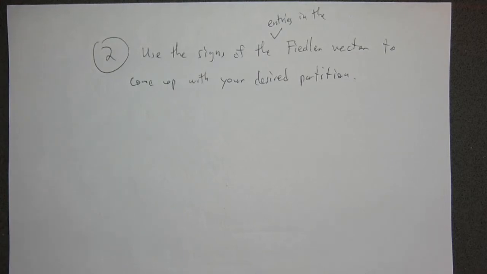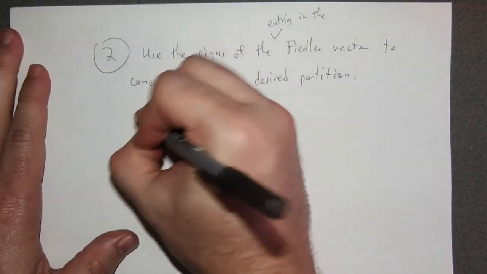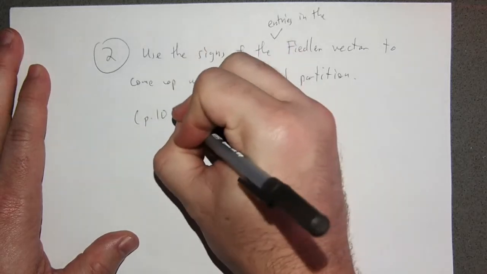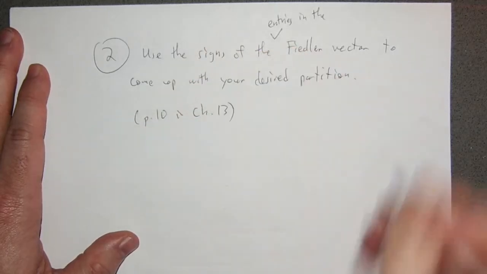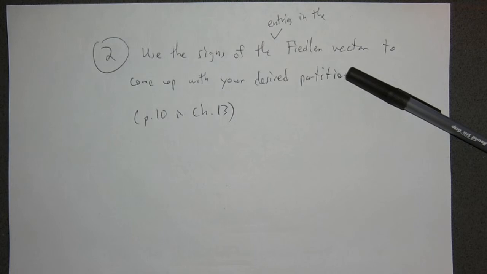Okay, so what do I mean by that? Look at page 10 in chapter 13. At the top of the page I have the associated Laplacian for my graph. Writing out its eigenvalues, there they are on the next line. So it has 7 real eigenvalues. The smallest positive eigenvalue is the Fiedler value.